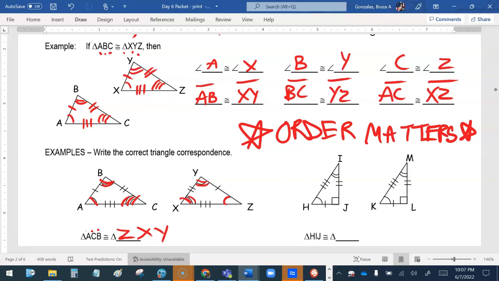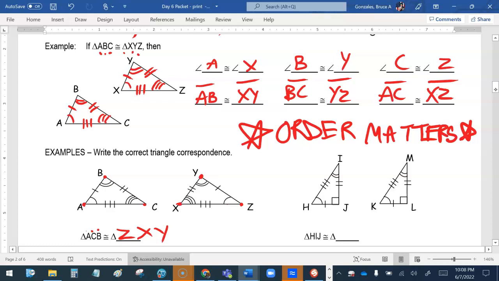This is not drawn to scale. The drawing on this is kind of messed up. We want to follow the tick marks and the arc marks. So let me erase that again. We're going from 1 tick mark to 3 tick marks to 2. 1, 3, 2. So on the other one, it's 1, 3, 2.